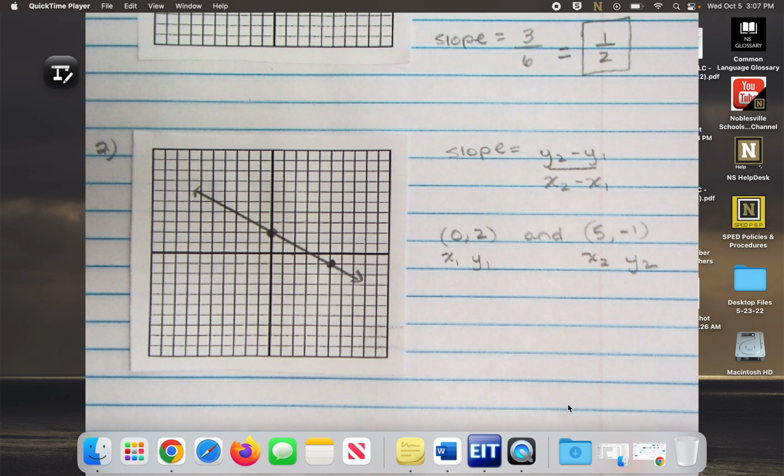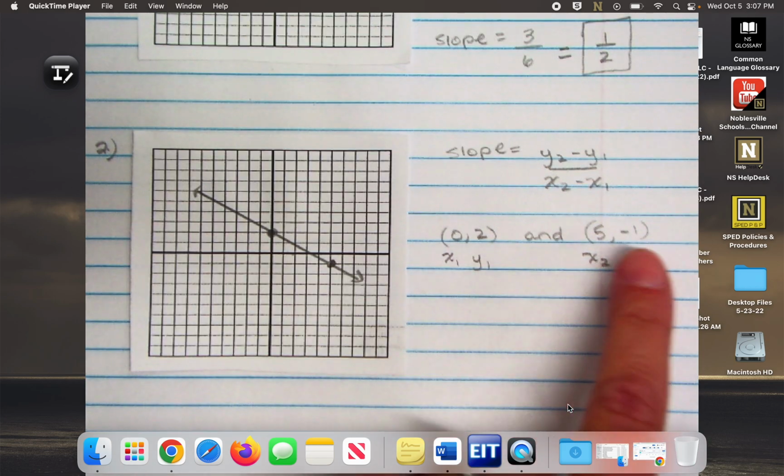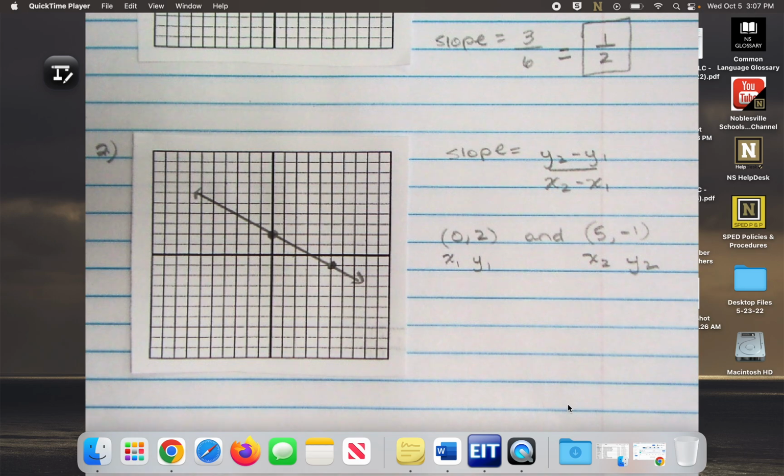Go ahead and fill in what the ordered pairs are and label them: x1, y1, x2, y2. They are quite literally named x1, y1 because that's the first ordered pair that I see going left to right. x2, y2 is the second ordered pair that I see going left to right.